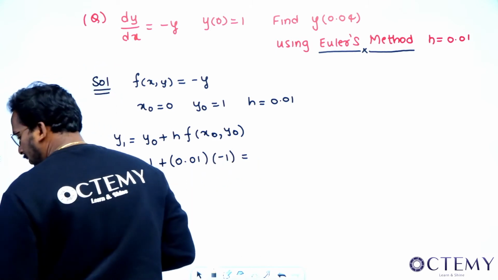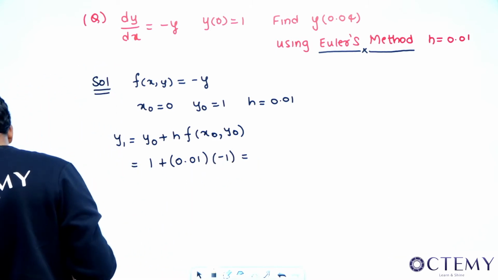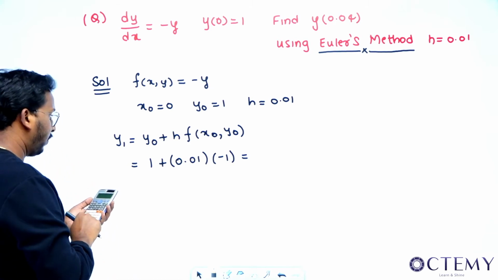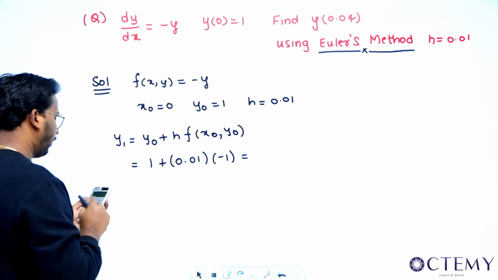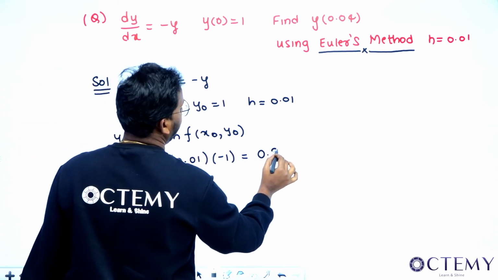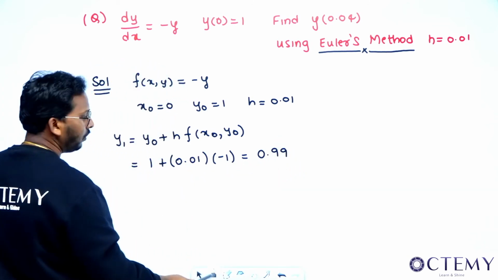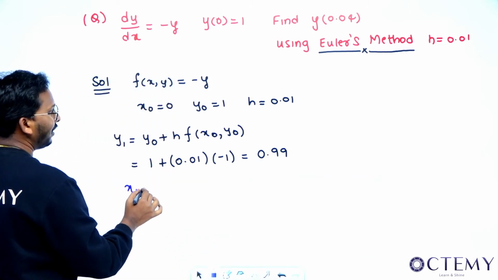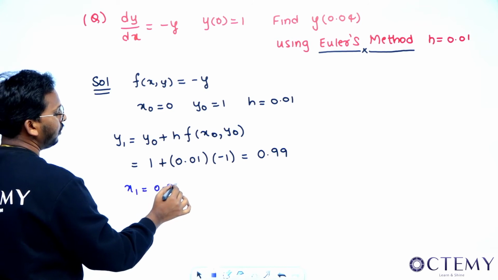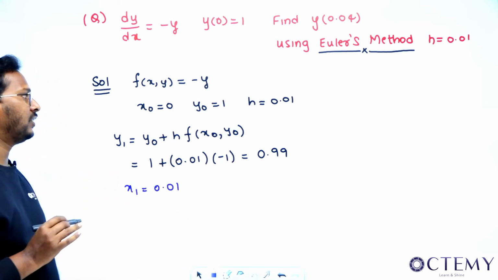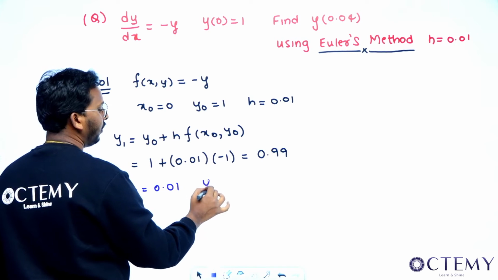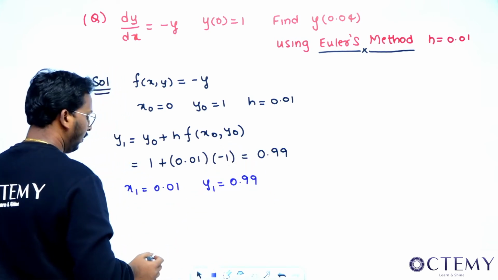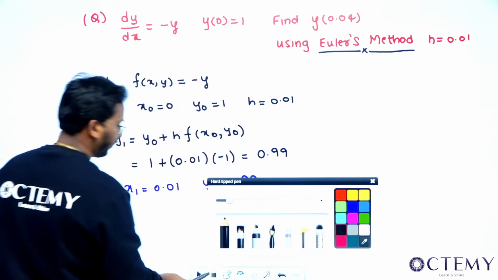So this becomes 1 minus 0.01, which is 0.99. Now what is your x1? x1 is 0.01, because x1 is x0 plus h. And y1 is 0.99.